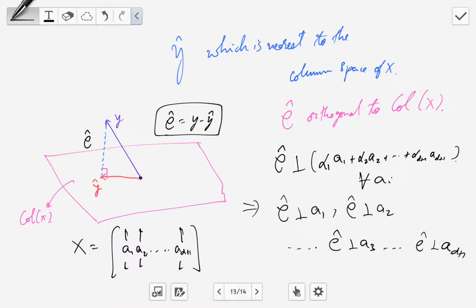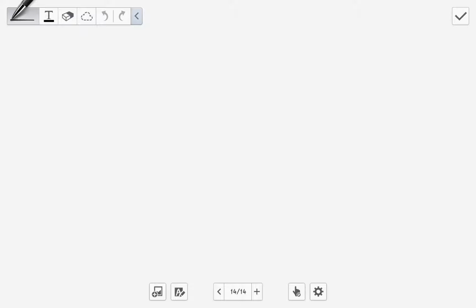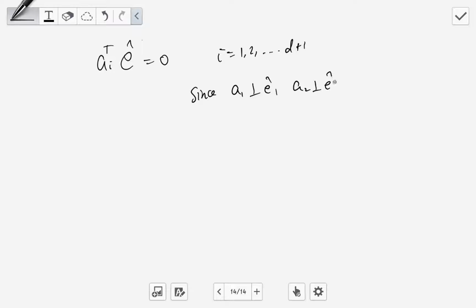That means ai transpose E cap is equal to 0 for i is equal to 1, 2 up to d plus 1, since a1 is perpendicular to E cap, a2 is perpendicular to E cap and so on up to a d plus 1 is perpendicular to E cap.